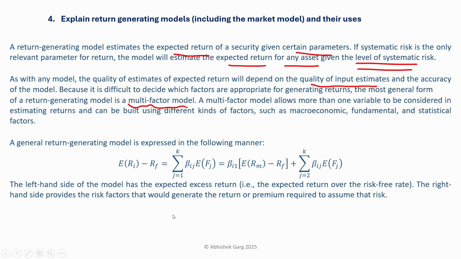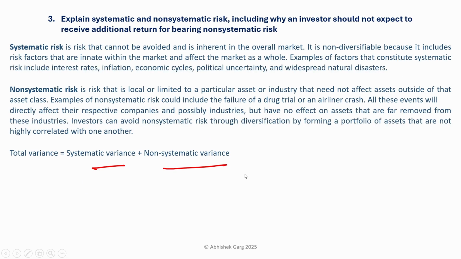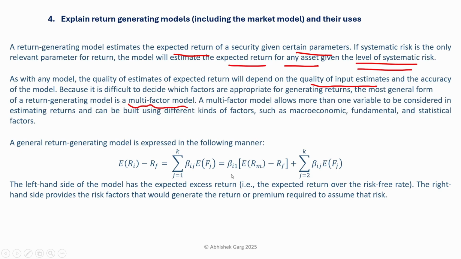So beta in this case is the sensitivity of the asset to the risk factor, and this is the expected return on the risk factor. So market factor is always the one which will impact all the assets. So we have separated out the impact of market factor in this case, and all other factors are summed accordingly.